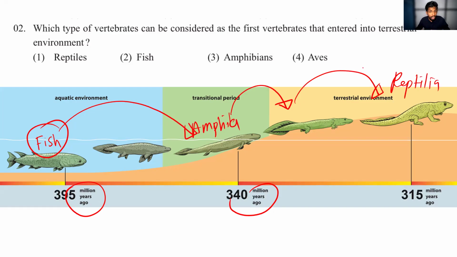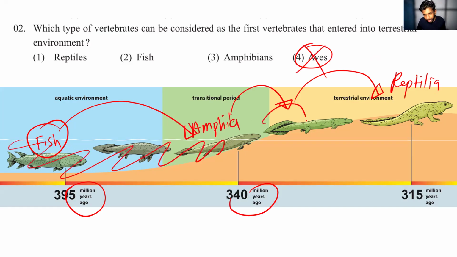Then reptilia started to fly. The birds, that's aves, right? So here they are asking which, here this is water. Here they are inside the water. So which one transferred onto the earth? But the first one who moved, entered into the terrestrial, to the land, that is amphibians, right?